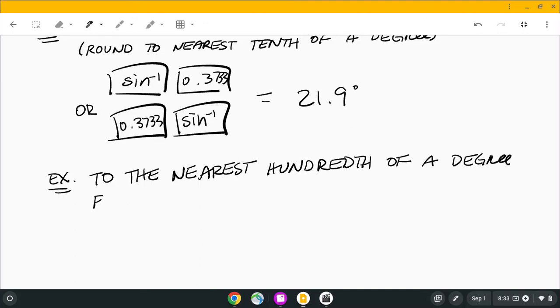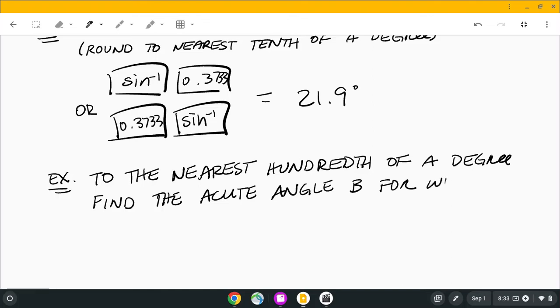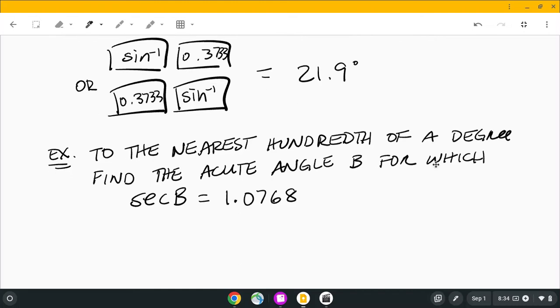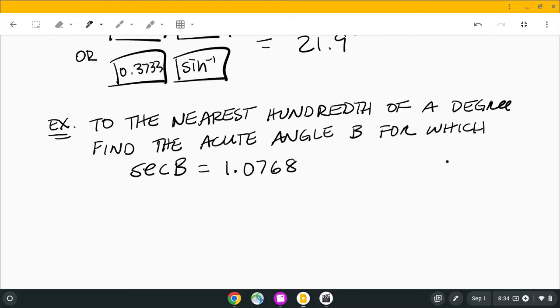Find the acute angle B for which secant B equals 1.0768. Oh, we don't have a secant button.